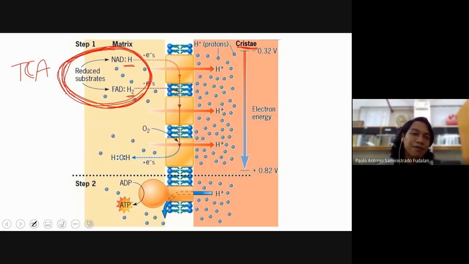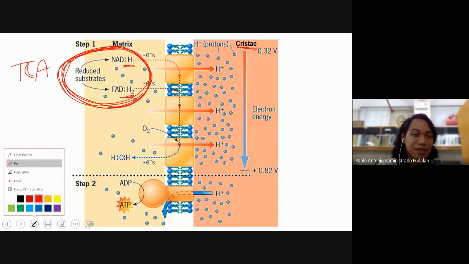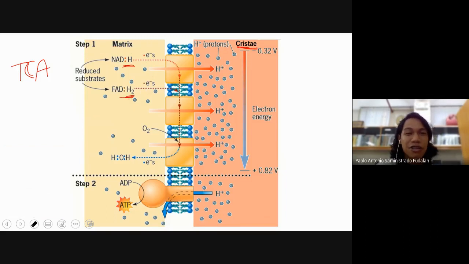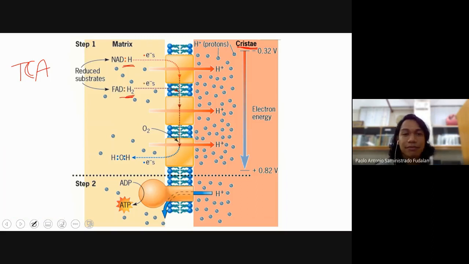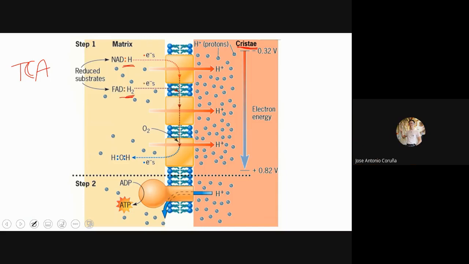If you can answer that one, then you're good. Why is it that they have hydrogen instead of electrons? And then here they're giving away electrons. Why must hydrogen be present there? Because they are in their most reduced state, sir. Because as mentioned earlier, the more hydrogens a molecule has, the more electronegative it is, sir.